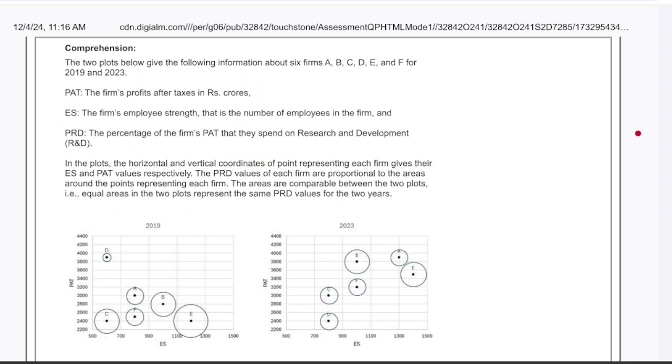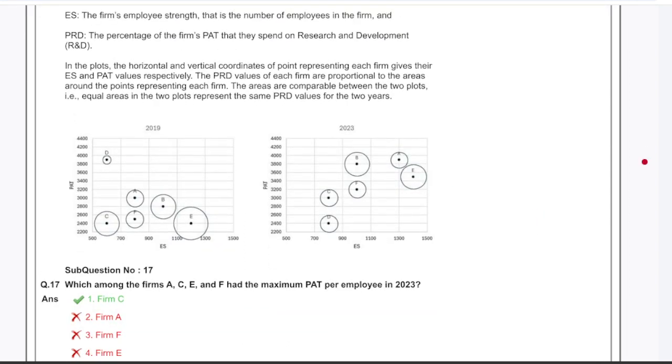The next question which they have: which among the firms A, C, E, F has the maximum PAT per employee? So for firm A in 2023, we have to check here. For A, the PAT is 3900, divided by number of employees, that is 1300.